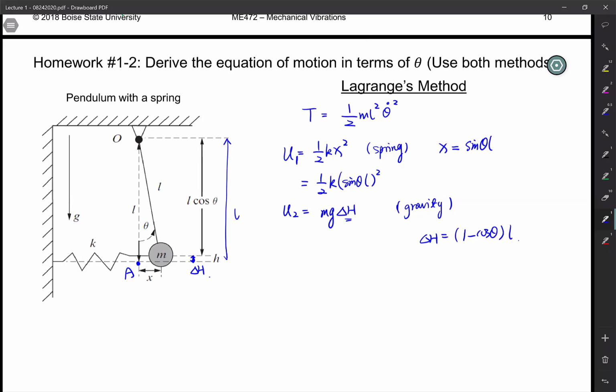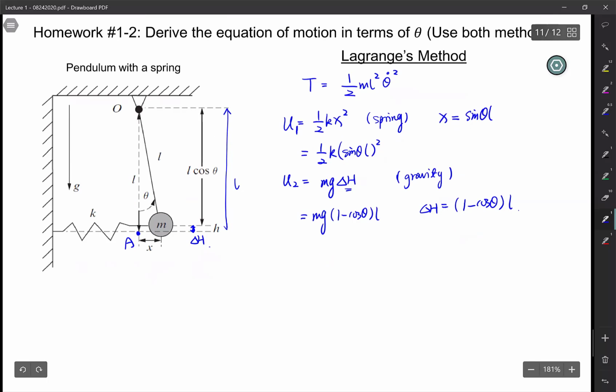So the difference is 1 minus cosine theta L. So you can plug it in, mg 1 minus cosine theta L. All right, eventually your U is all these potential energies summed together. You have a half k L squared sine theta squared plus mg 1 minus cosine theta L.